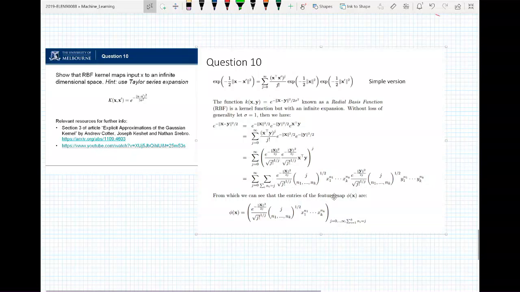But just to have a look, you can see that a term in terms of x's and a term in terms of y's emerge. And as we know, k of x and y in this case will be phi of x and phi of y, the dot product of the two. And the sums are defining the dot product. And from here, we can see the entries of the feature map are this.